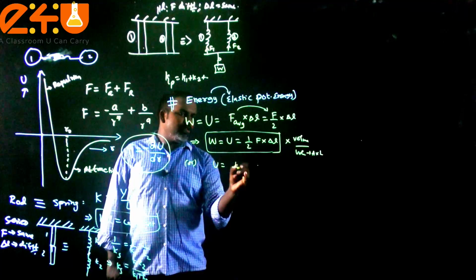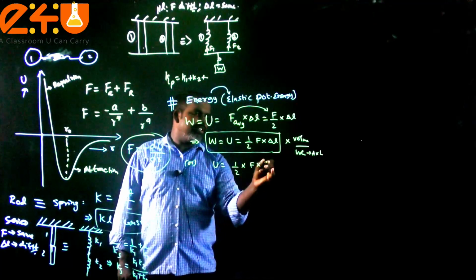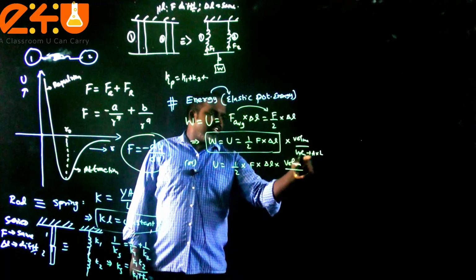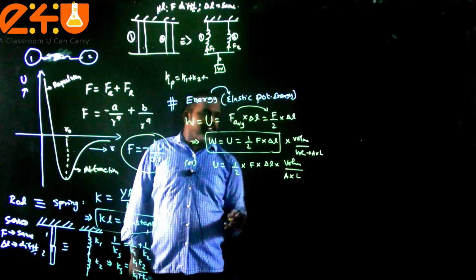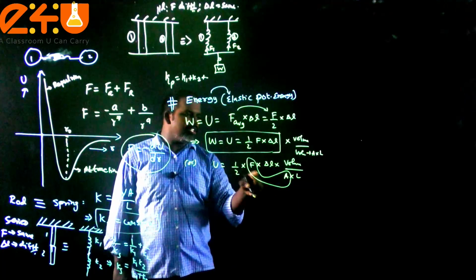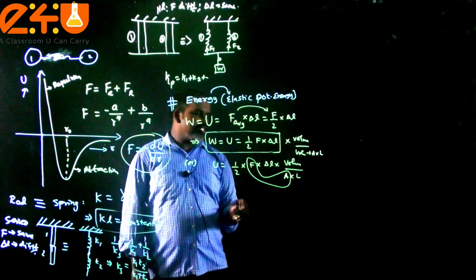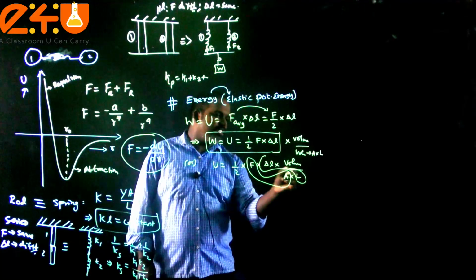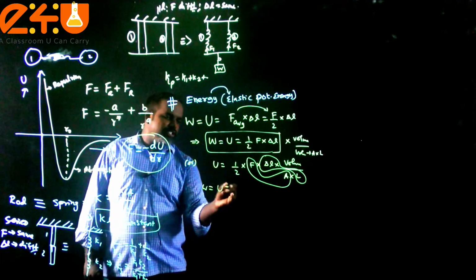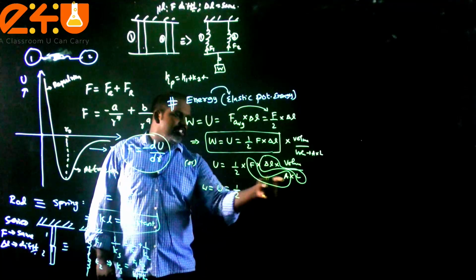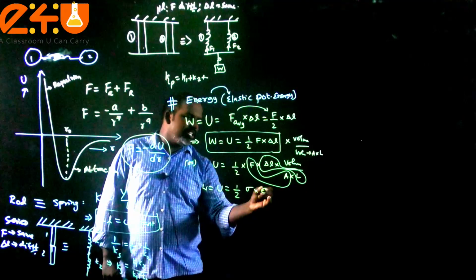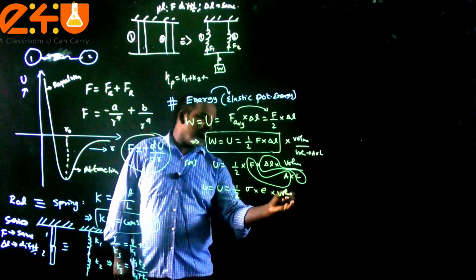U is equal to 1 by 2 F into delta L into volume, divided by area into length. Just see this expression, children. F by A is nothing but stress, and delta L by L is nothing but strain. Therefore, simply I can write U is equal to 1 by 2 into stress into strain into volume.